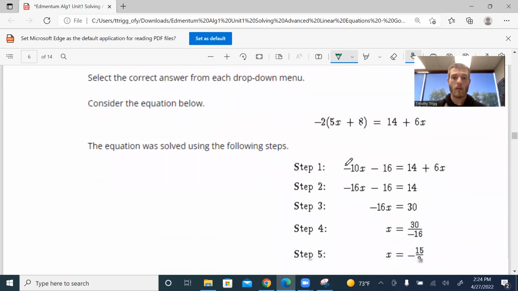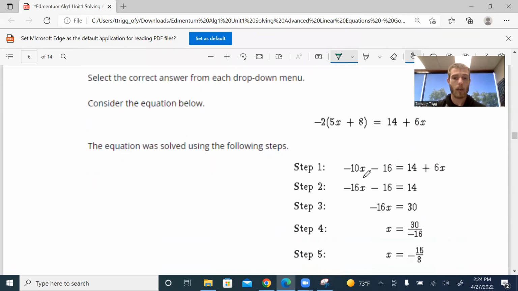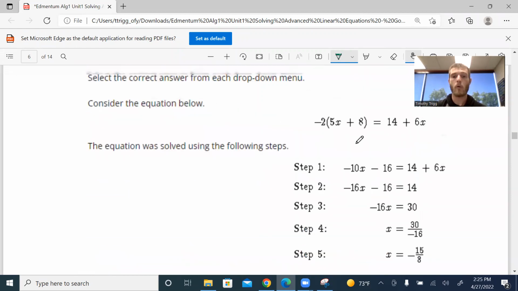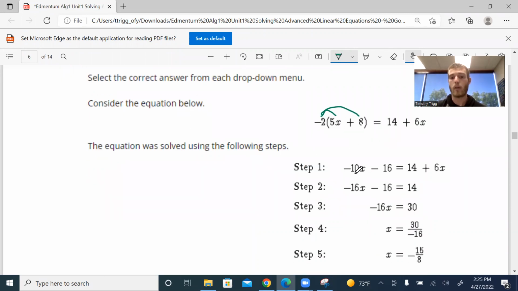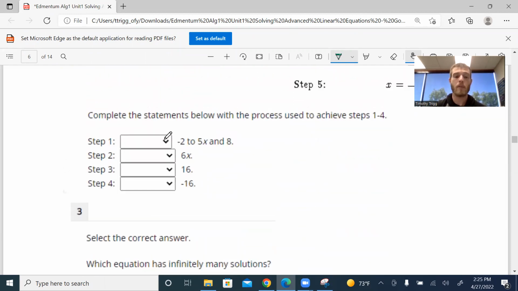Okay. All right, here someone solves this. Okay, here are the steps. Complete the statements below with the process used for steps 1 through 4. So what would be the first step that they did here? Well, they distributed for step 1. That's how we got here. So for this first one, they distributed -2 to 5x and 8.